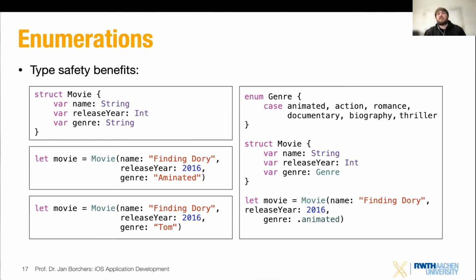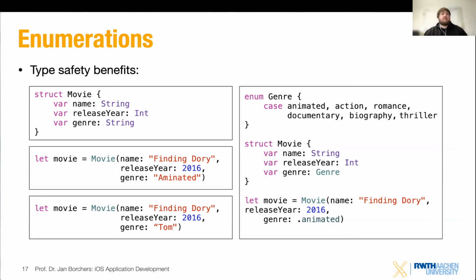So for our movie struct, instead of the type String, we specify that genre is of type Genre. Then it can only be one of these cases that we defined before. And then again, we also specify that the genre is .animated because we already know it is of type Genre, and then the specific case animated.